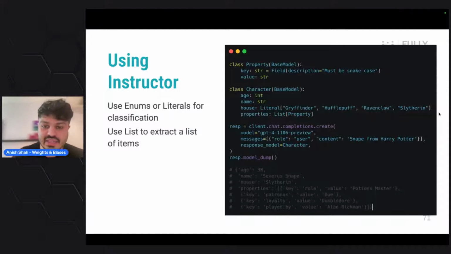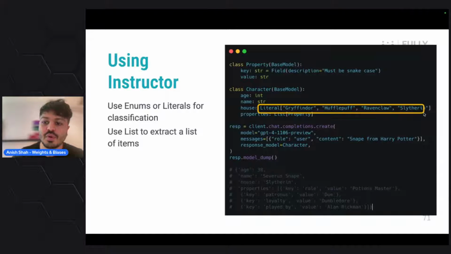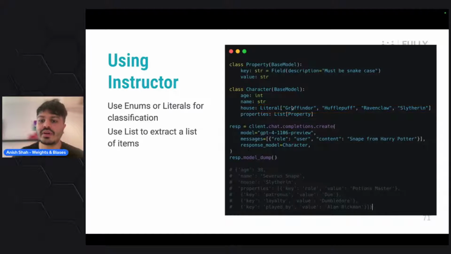This is really nice because now you're forcing the large language model to select one of 4 criteria. Similarly, you can also use things such as list or enums to say, hey, provide me a list of property, for instance, where in this case, a property is simply a key value pair, a very simple form of an individual JSON object.